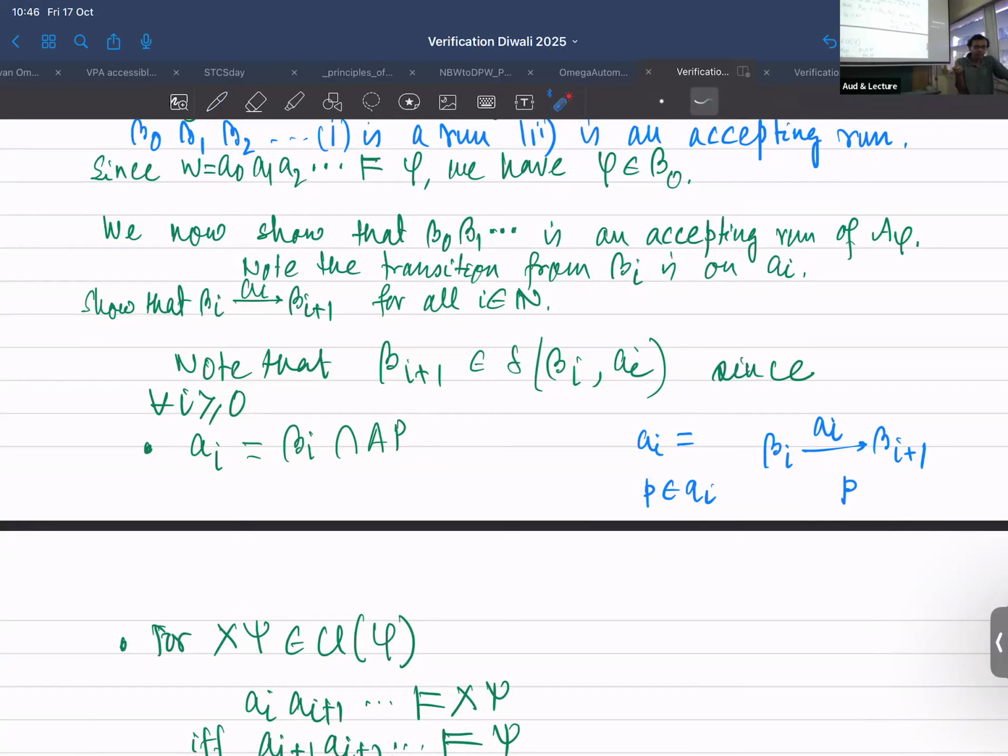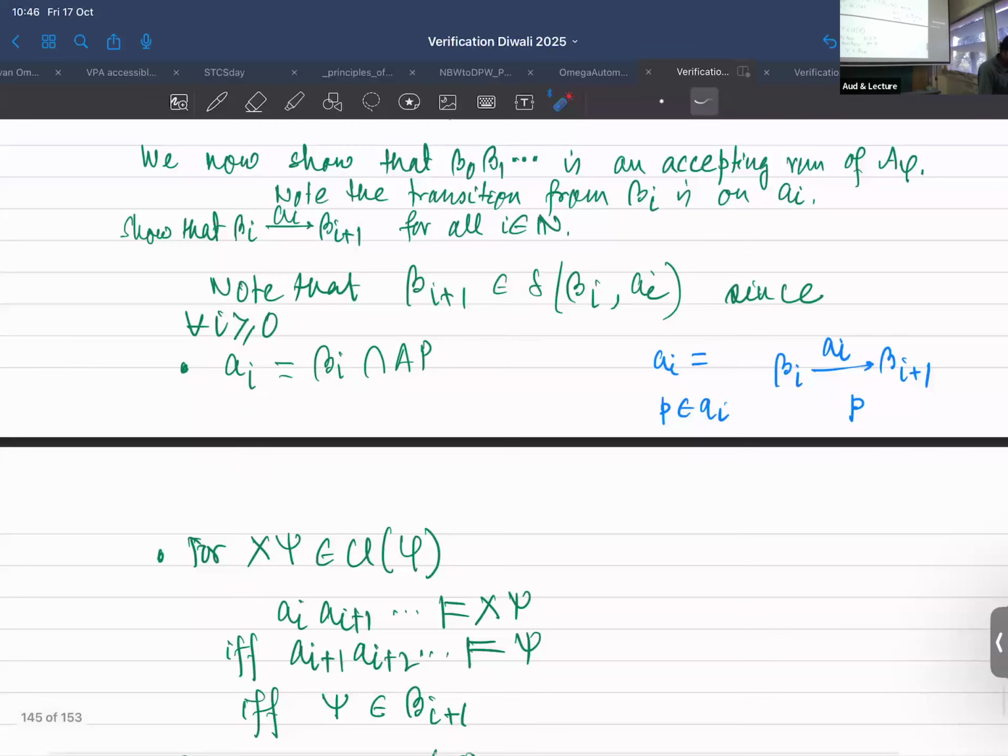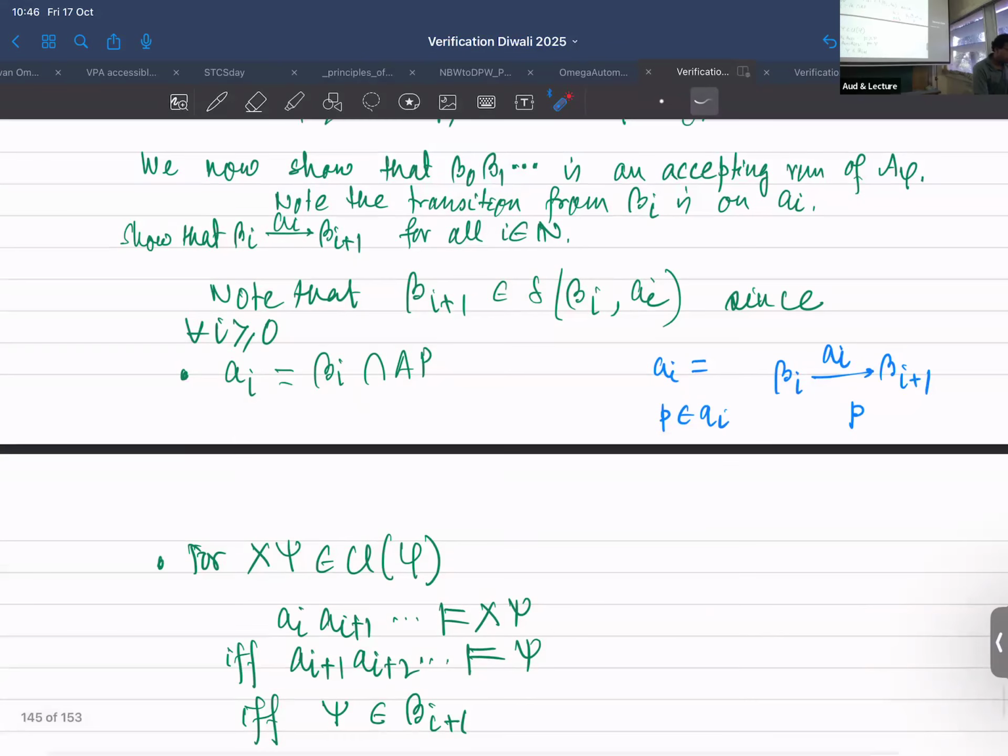It's trivially true by the construction of the automaton itself, because you are only allowing those letters such that AI itself is the beta I intersection this A. And the proposition P belongs to that AI, hence it also appears in the set of formulas which appear in that beta I. Okay.